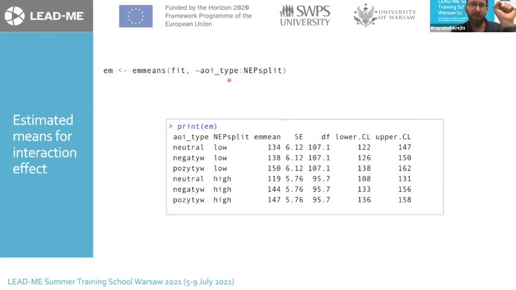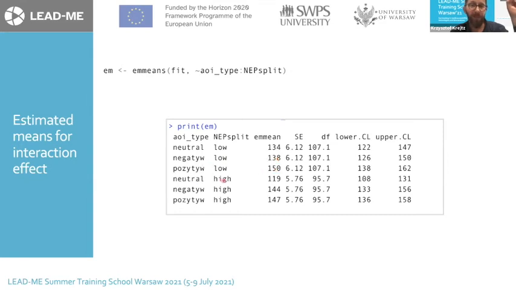Okay. And when you print em, such defined em, you will have this bigger table saying that average fixation duration while looking at neutral pictures for people with low NEP values was this 134, for negative 138, and for positive 150.